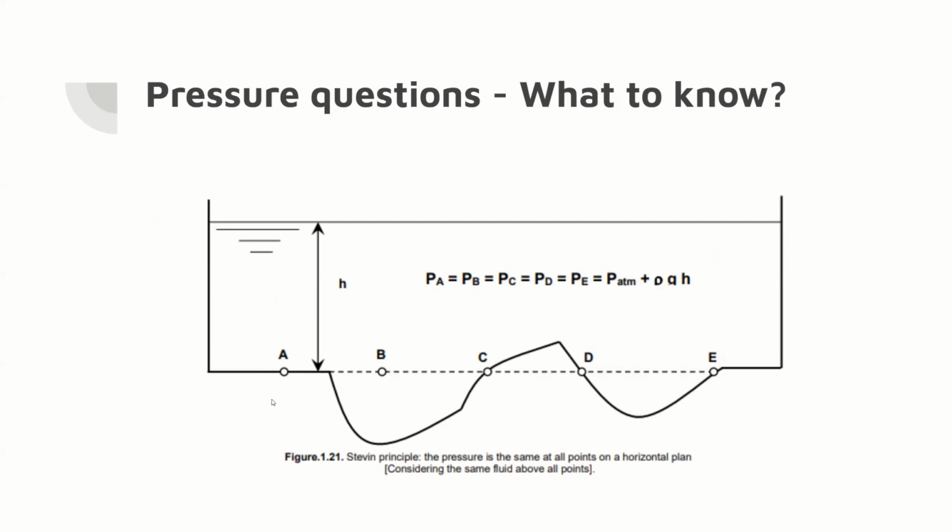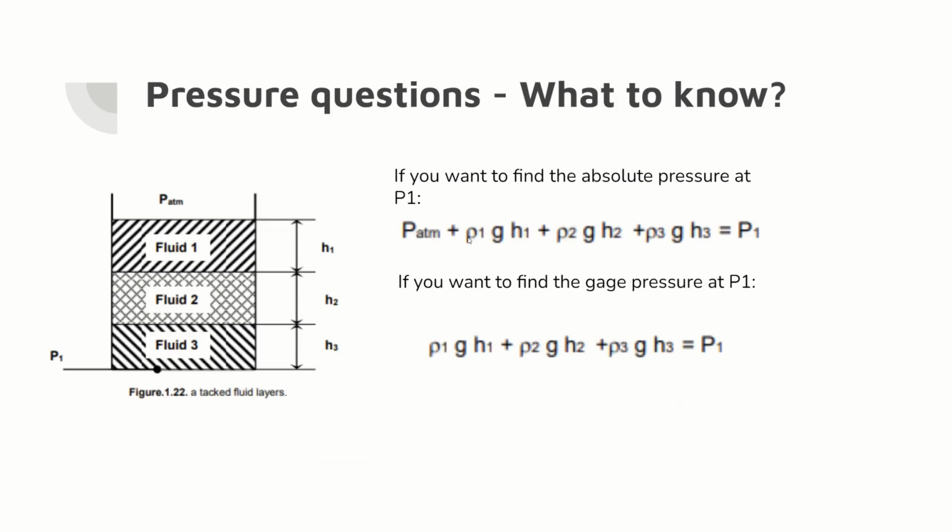Just in case, just remember that if you're in a fluid, it could be air, it could be water, whatever, and you're at the same distance relative to the surface, usually it's noted by these lines, then you have the same pressure, no matter the geometry. If you are in the same fluid, then you're at the same pressure. Pressure also can be denoted as the density of the fluid that you are in times the gravitational acceleration constant times the height.